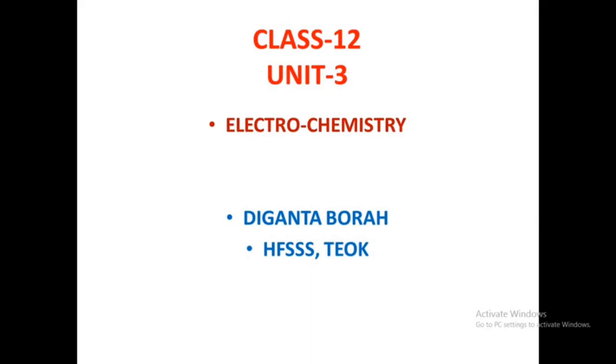In our last class, we discussed unit 3, that is electrochemistry. In that class, we learned what electrochemistry is, then the electrochemical cell, and some important terms related to the electrochemical cell like electrode potential, standard electrode potential, oxidation potential, and reduction potential.